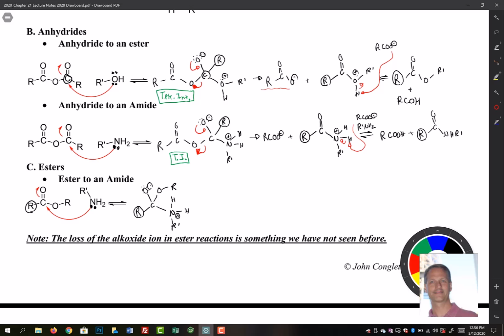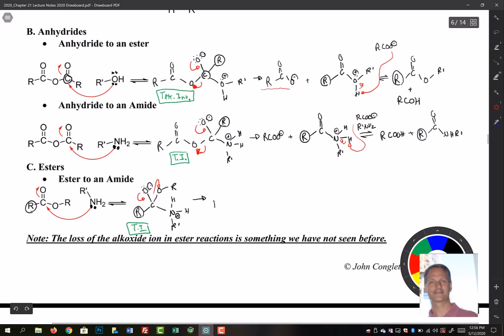Okay, so that's your tetrahedral intermediate again. So there's your TI. That's going to swing down, and now we're going to kick off this. So it's true you could kick off the nitrogen, but that just takes you back a step in this reversible step here. So let's see what that's going to give us.